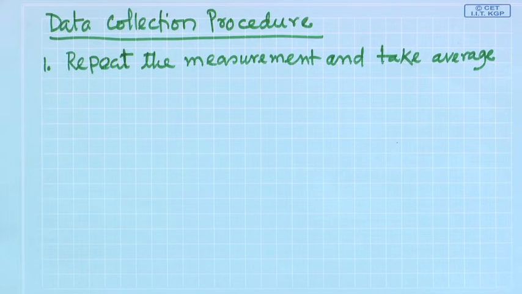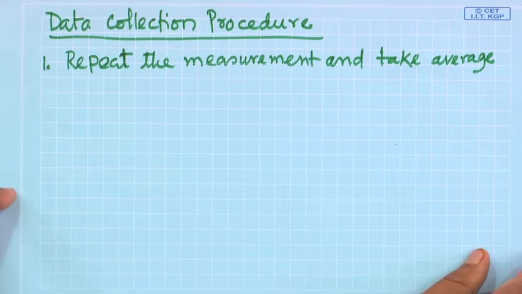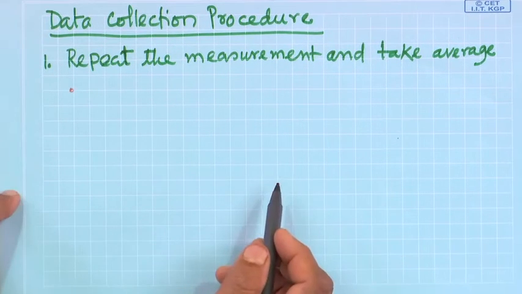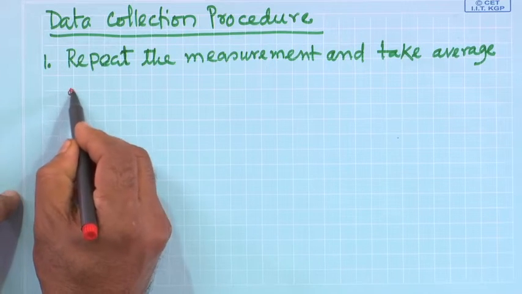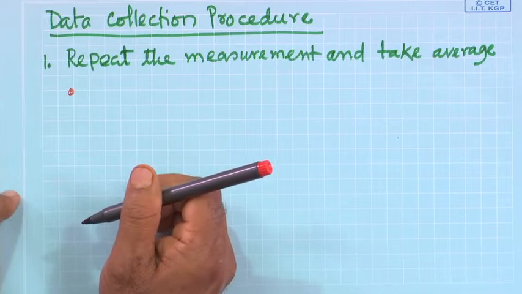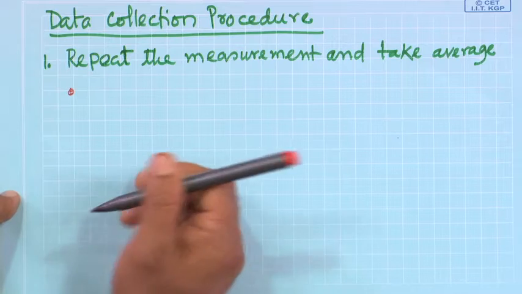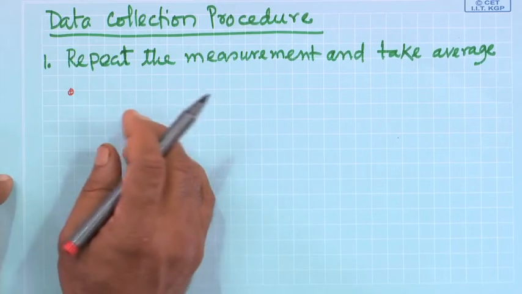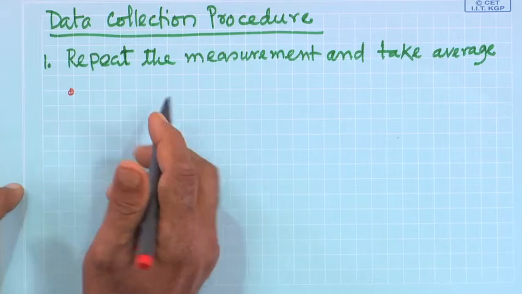It is in general, not for a particular measurement. Suppose you are going to measure the length of a rectangular bar, or the diameter of a wire. Okay, the same example that I discussed earlier.